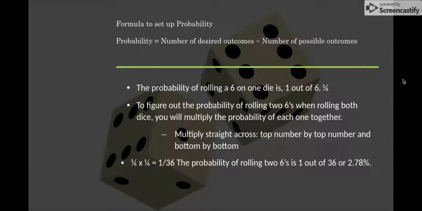The formula to set up probability is the number of desired outcomes divided by your number of possible outcomes. So the probability of rolling a 6 on a die is 1 out of 6.